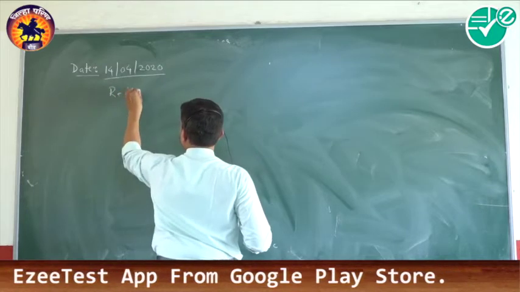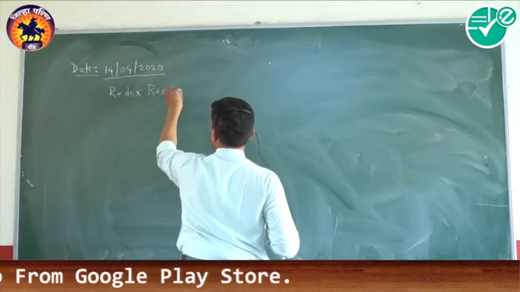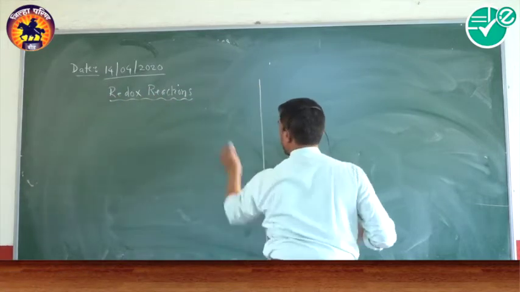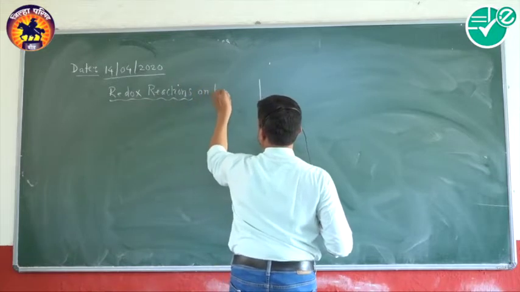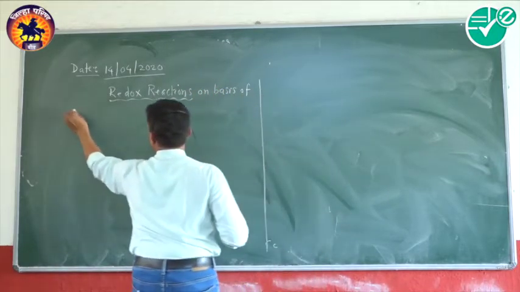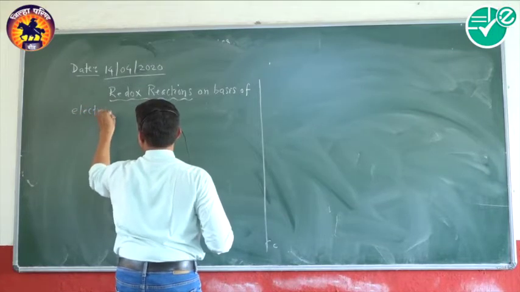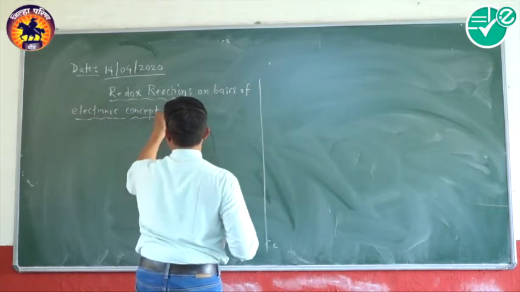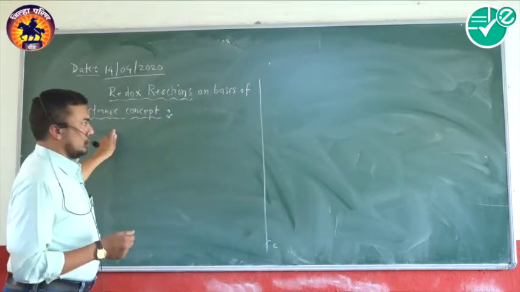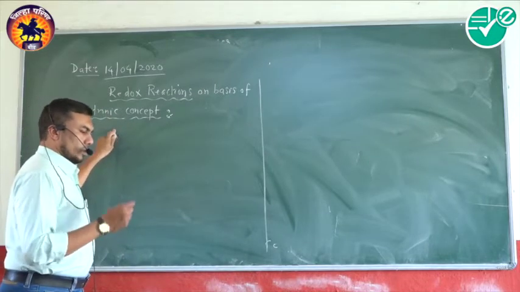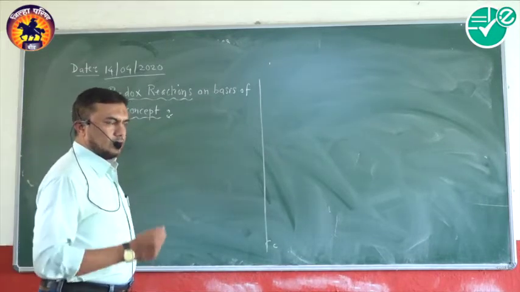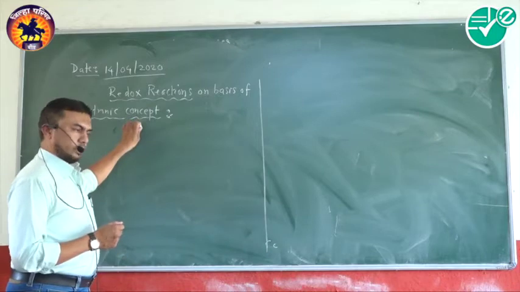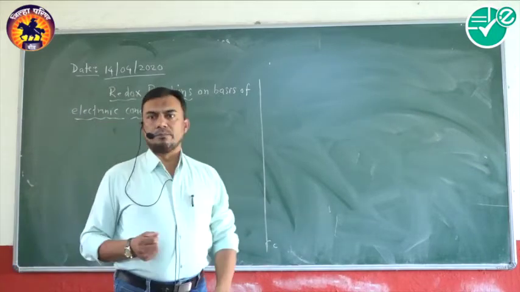So, redox reaction on the basis of electron transfer, and also we will discuss, in that redox reaction, how to identify oxidation and reduction, as well as oxidizing agent and reducing agent, based on the electronic concept by using oxidation number.